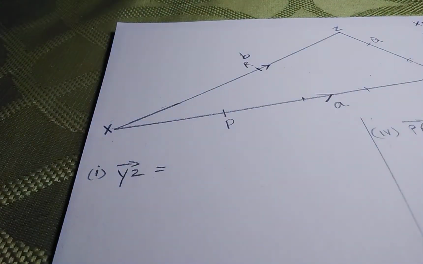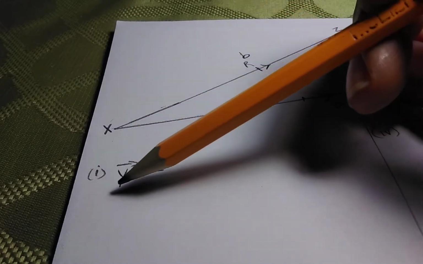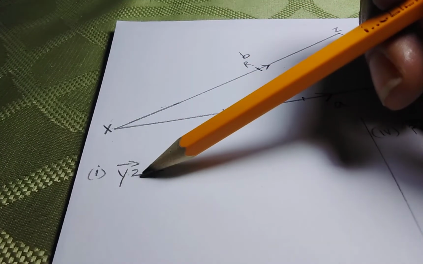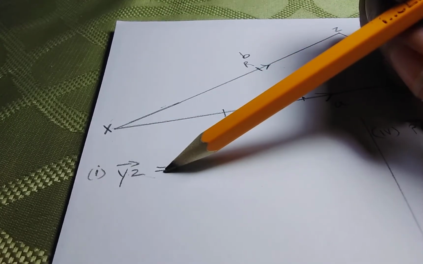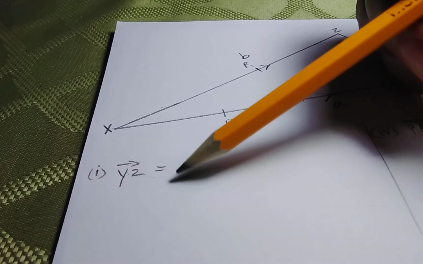So like I said before, 4 things you need to remember when doing vector: magnitude, direction, starting and ending point. So our starting point is Y, our ending point is Z, and it must go in that particular direction in order for the magnitude to be correct.